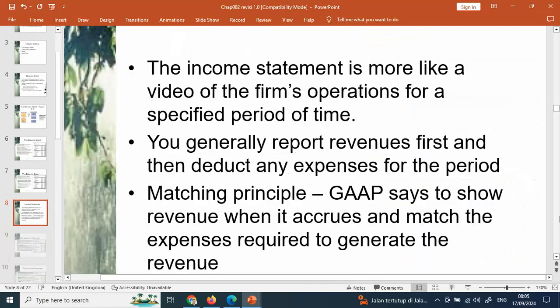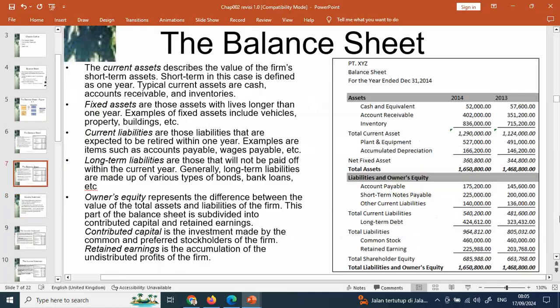Let's continue. So, this is the balance sheet. You need to memorize this. Current assets: cash, account receivable, inventory. Fixed assets: plant and equipment, depreciation. Liabilities, current: accounts payable, short-term notes payable, other current liabilities.